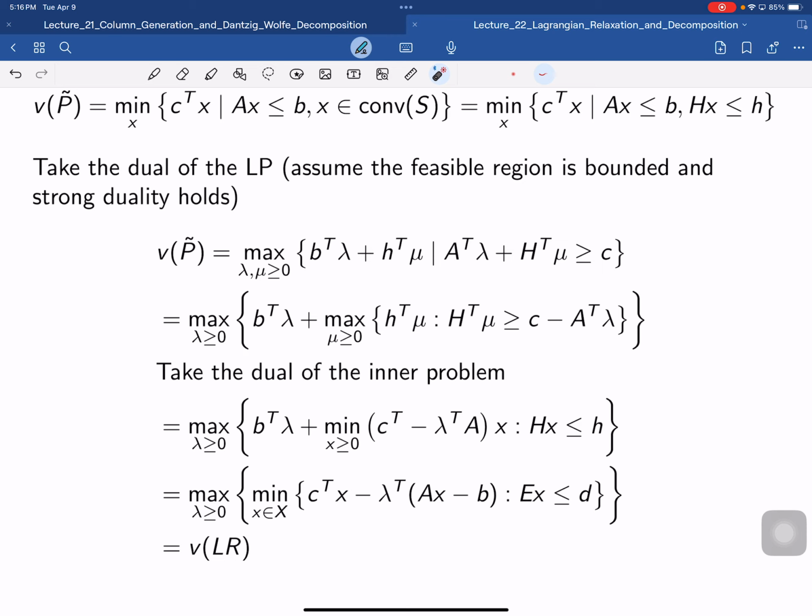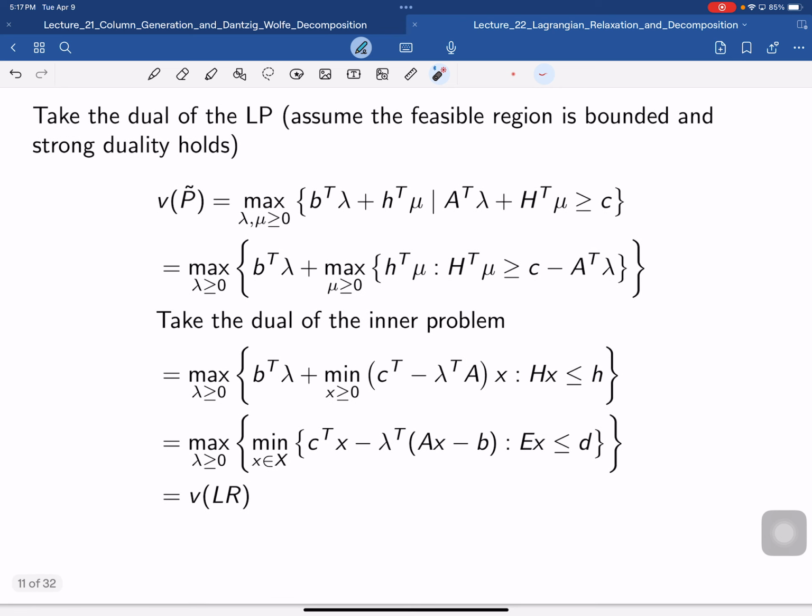You can think of this as an outer problem to maximize over lambda and an inner problem to maximize over mu. When you take the dual of this inner problem, you essentially reproduce the original primal constraint.